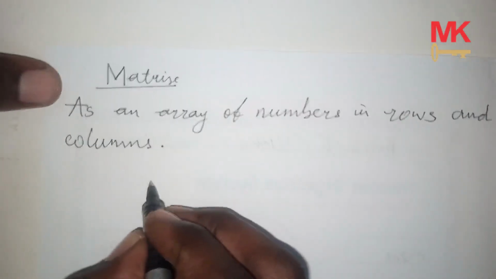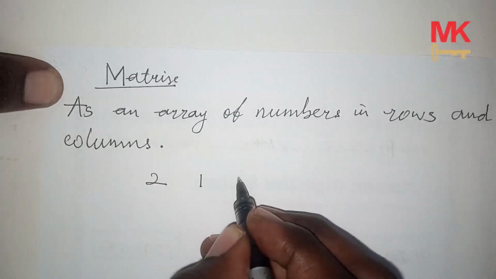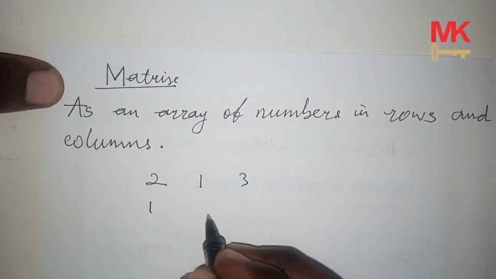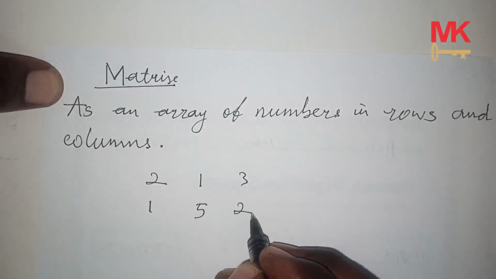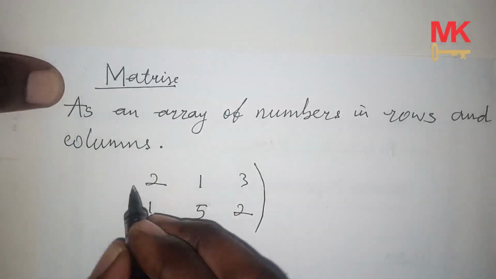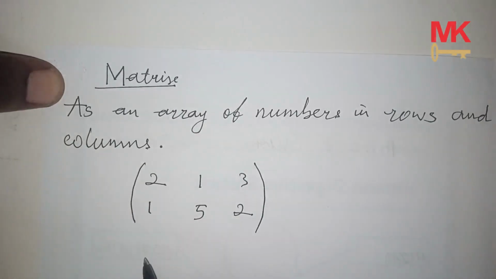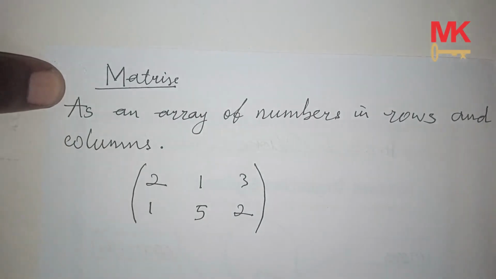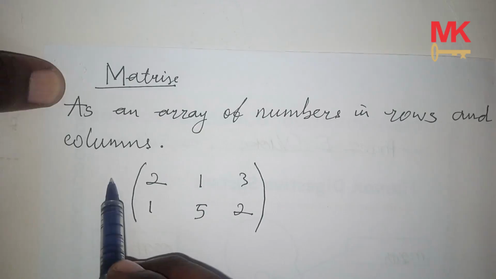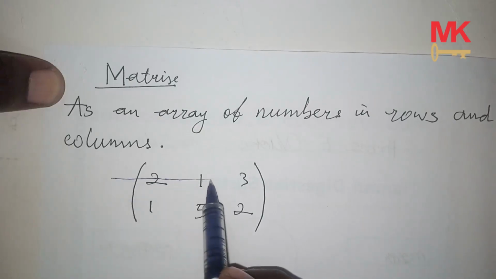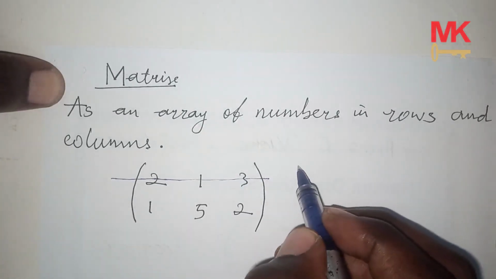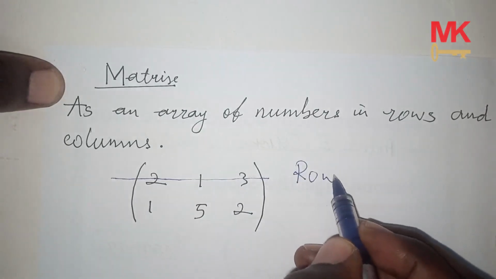this is a matrix: 2, 1, 3, 1, 5, 2, enclosed in a curved bracket. In this matrix, the numbers arranged in the horizontal form the rows of the matrix. In this case, there are 2 rows: the first row, then the second row. The numbers arranged vertically downward form the columns of the matrix.